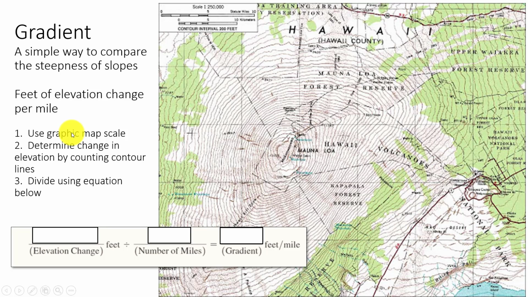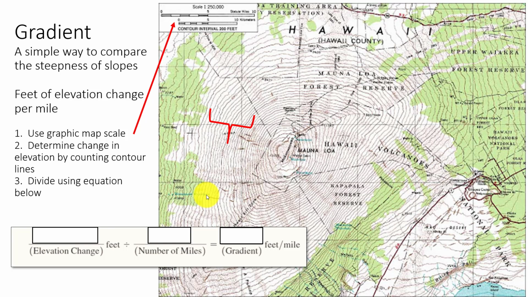Here are the steps that you will use to calculate gradient. You're going to use a graphic map scale, which is present on your map. You will find it here in the corner of your map. You're going to determine the change in elevation for a certain distance by counting the contour lines.